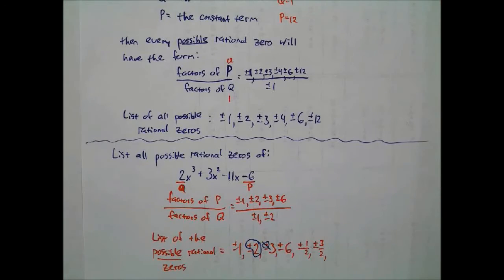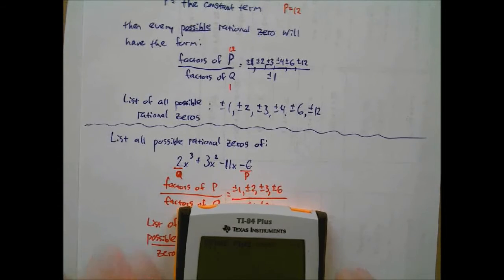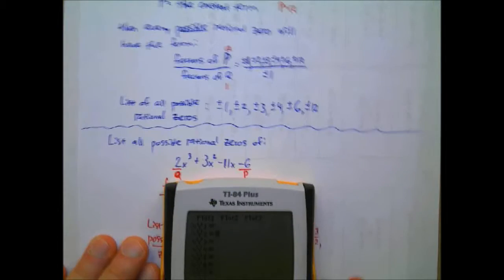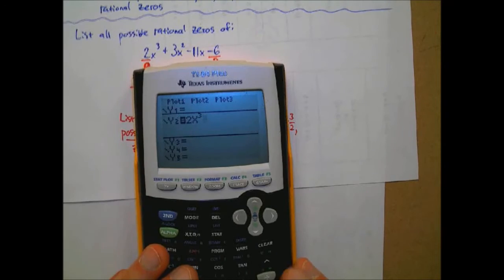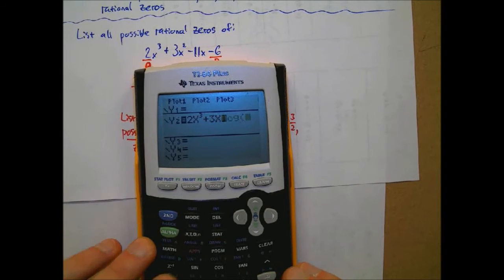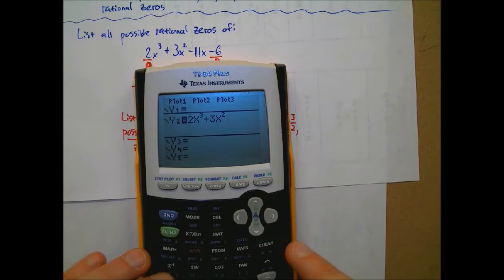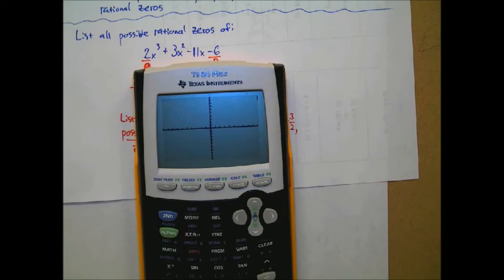Let me just show you what I mean. If I graph this polynomial, if I put this in, 2x to the third plus 3x squared plus minus 11x minus 6.